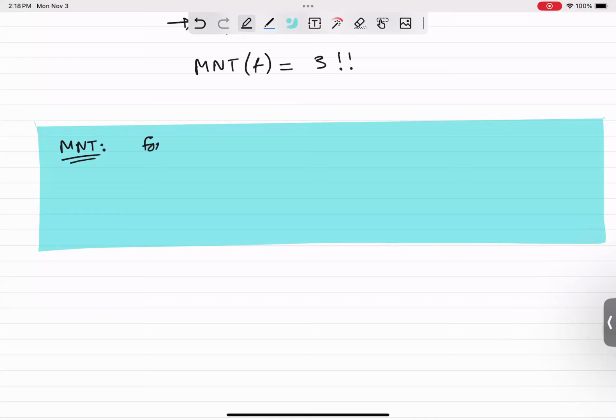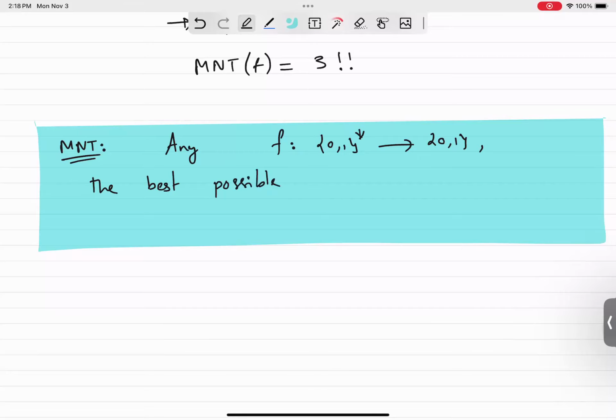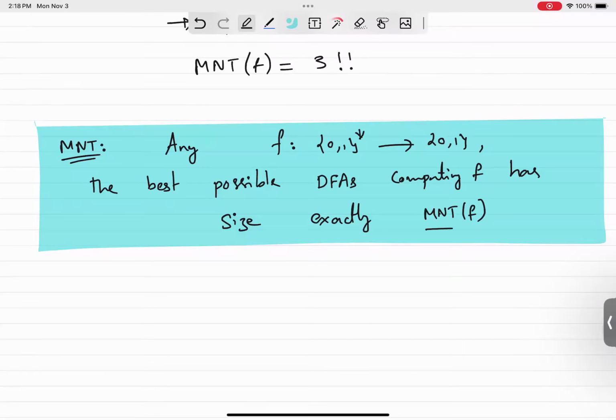It says that for any f, it tells you the exact number of states you need to compute any function if it is computable by a DFA.